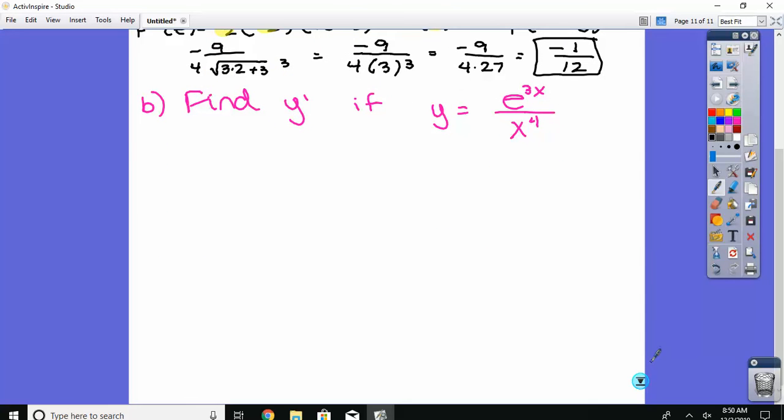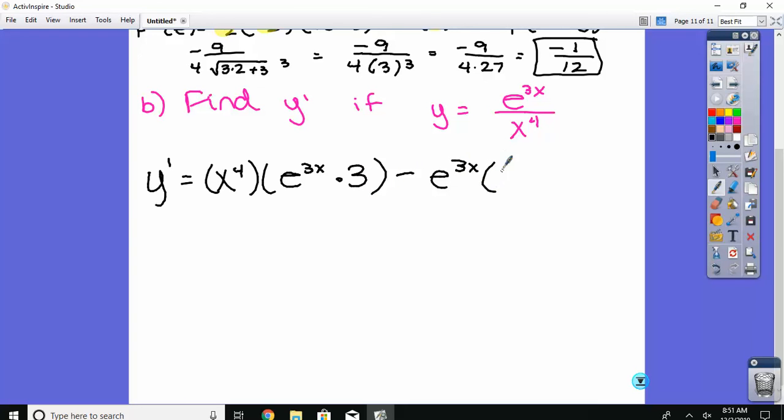All right, B, what do we have to do? Quotient rule. So low d high. What's the derivative of e to the 3x? E to the 3x times 3, because we have to do the chain rule, minus high d low, so 4x cubed, over something you guys have struggled with. When it's this squared, what do you do with those exponents?